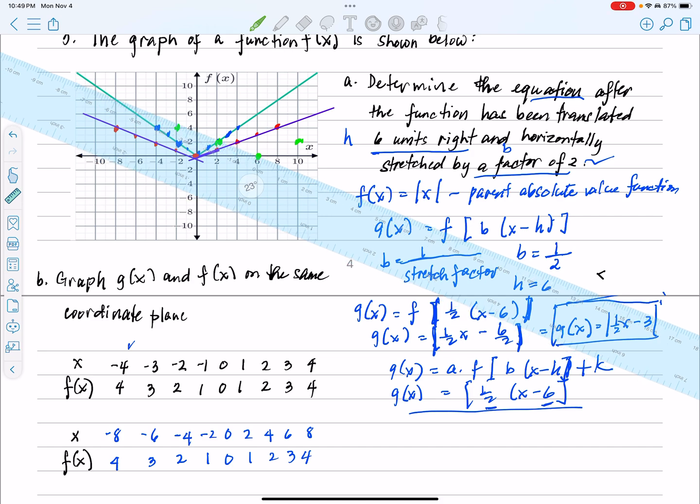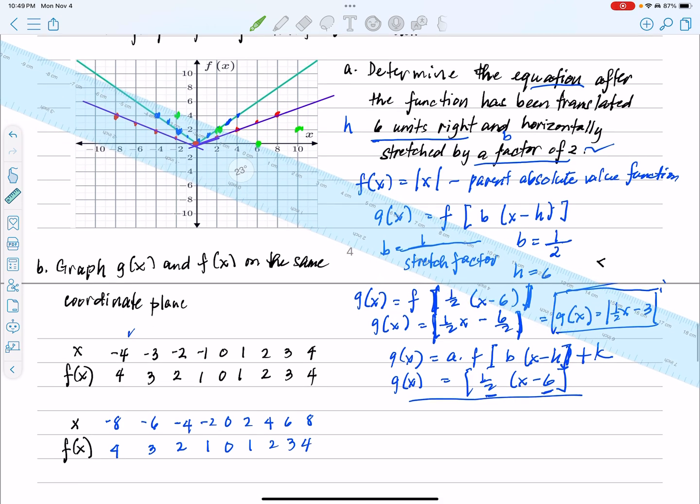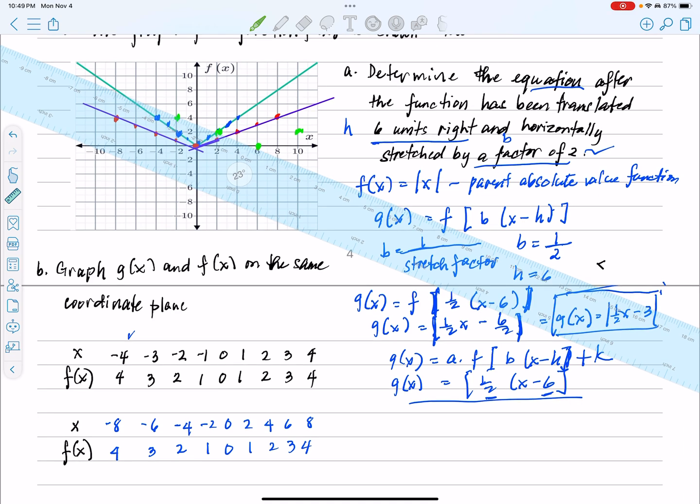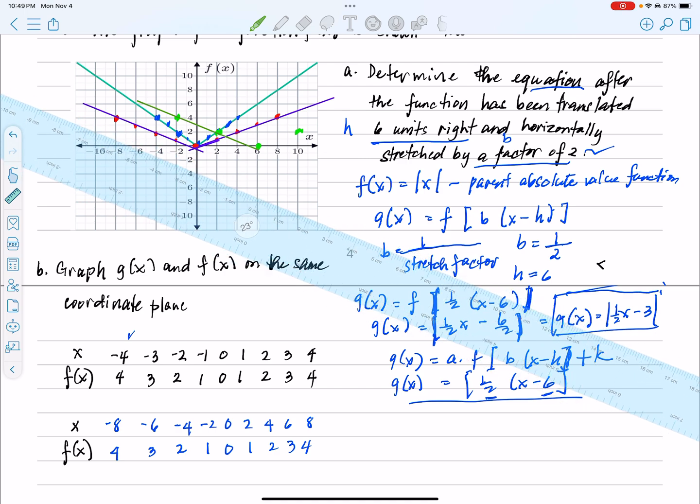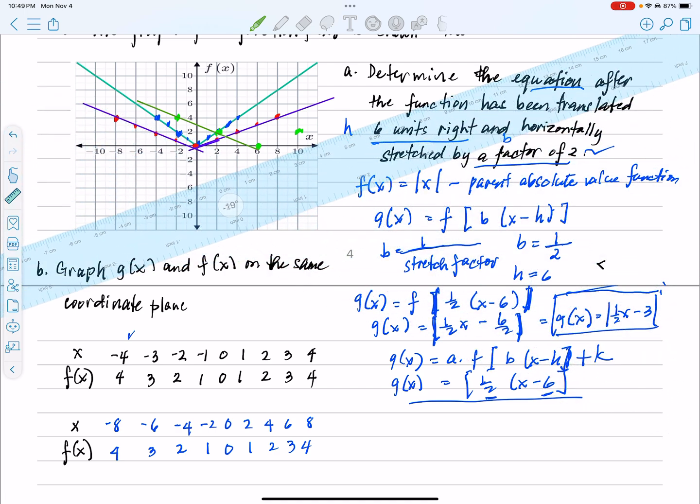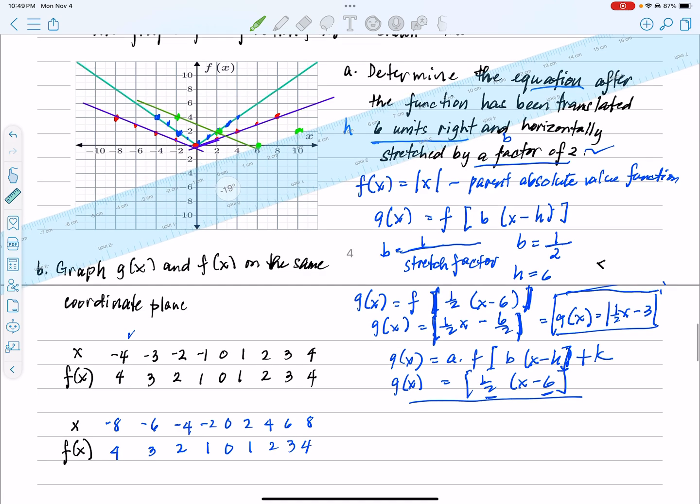This one is now the new figure, after stretching and after translating.